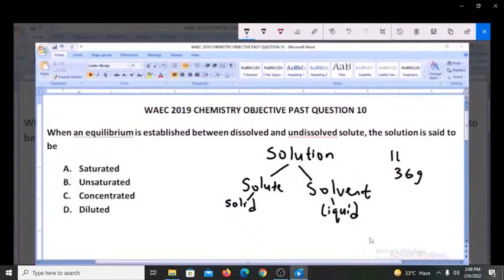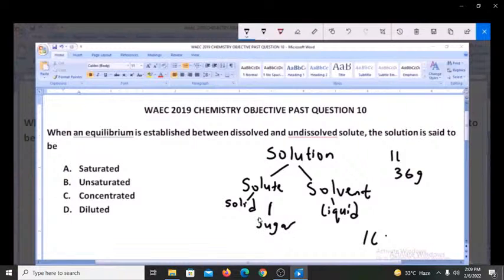Then a concentrated solution is one that contains relatively large amounts of dissolved solute. So if, let's say, in 1 liter of water also, for example, you dissolve a large amount of solute, let's say the solute is sugar.